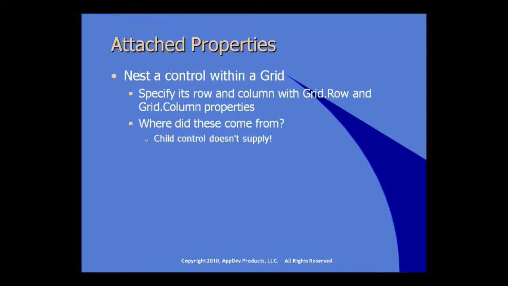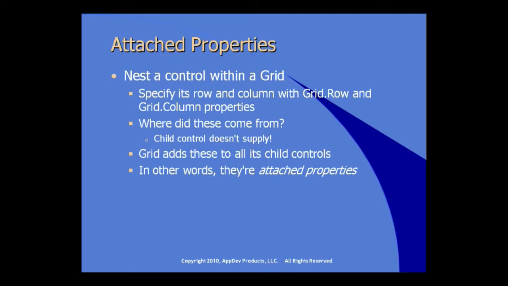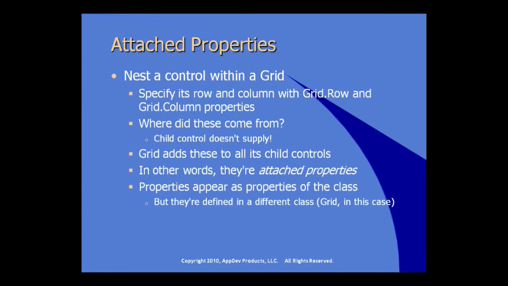Why would a text box have grid.row and grid.column properties? They don't. The grid control adds those to all of its child controls. In other words, they're attached properties. They get attached to the child control by the parent control. The properties appear as if they were properties of the text box class or whatever the child control is, but they're actually defined in a different class, that is, grid in this case.